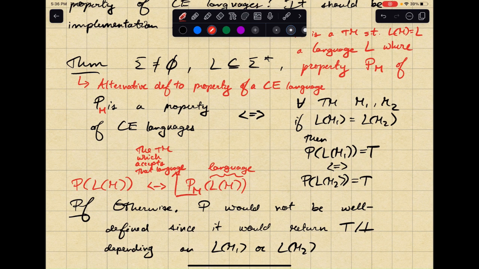Okay, and so hopefully this makes a bit more sense in terms of clarifying notations.